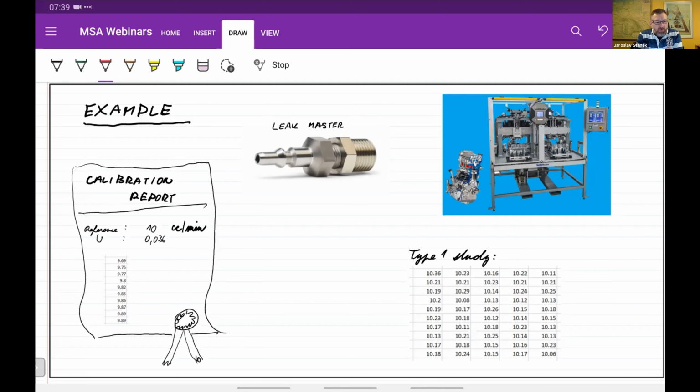And this is for quite big leakages. This is for leakages of around approximately 10 cubic centimeters per minute. And compared to the ball example, it's a lot. It's many times more. So it's really for objects that need to be somewhat tight, but not really.